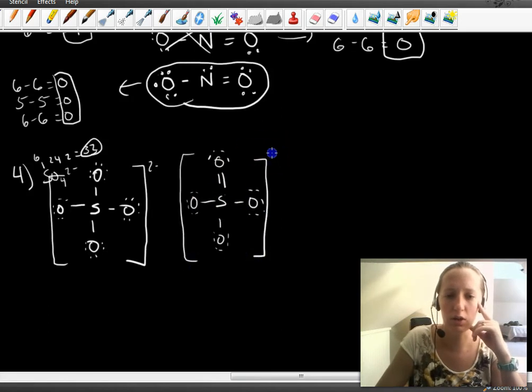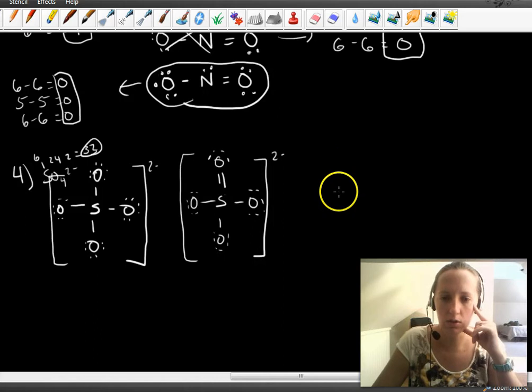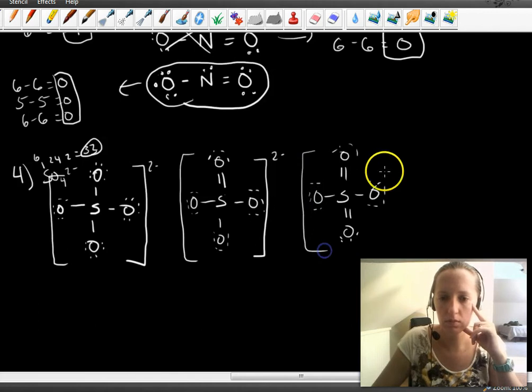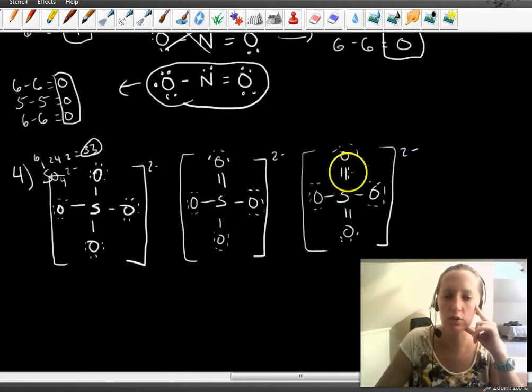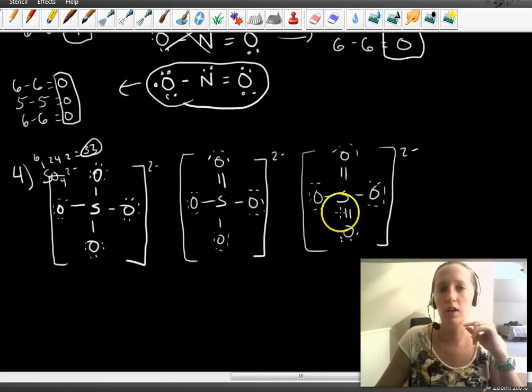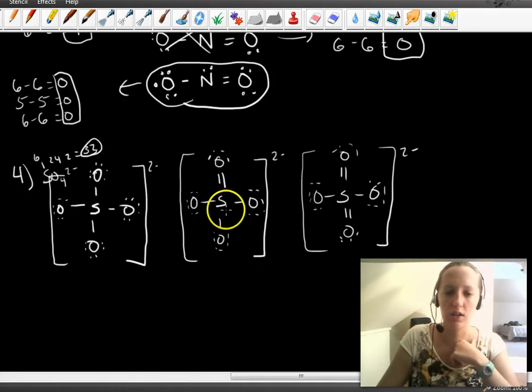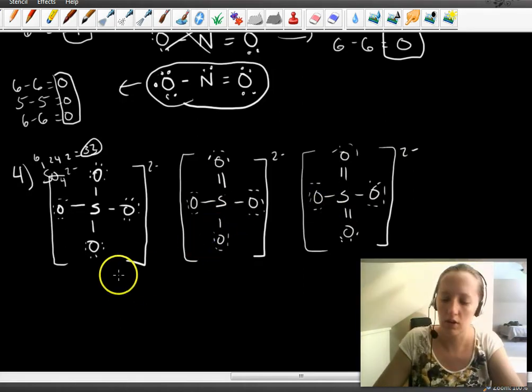So we've got 1 double bond and 3 single bonds. And we can also have an option with a pair of double bonds, with sulfur having 2, 4, 6, 8, 10, 12 instead of an octet.